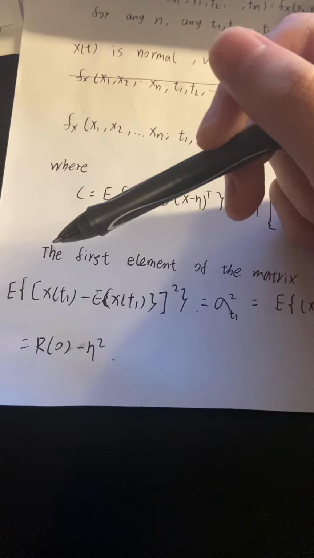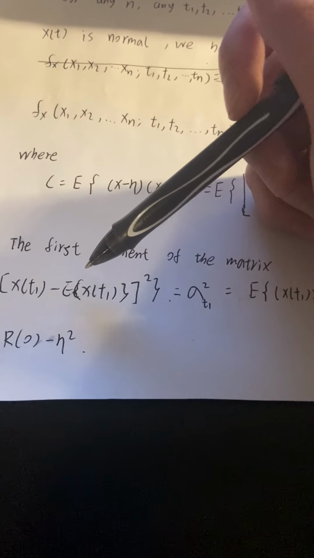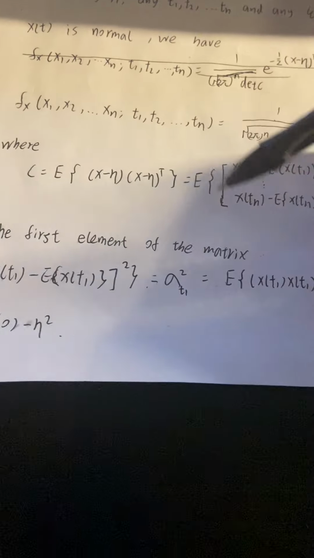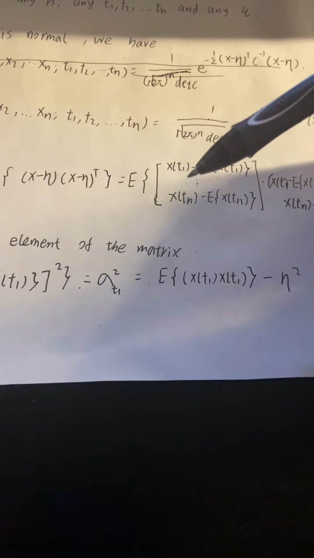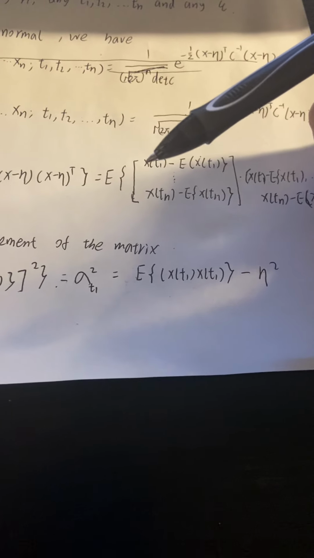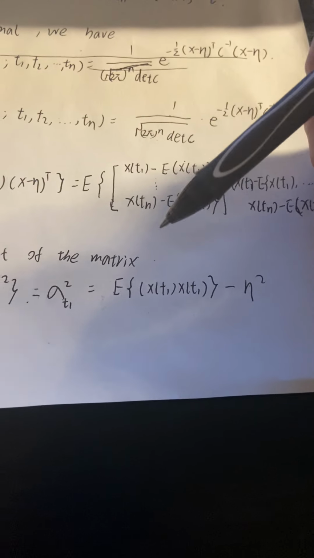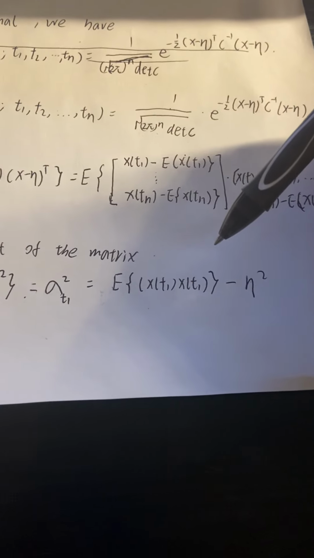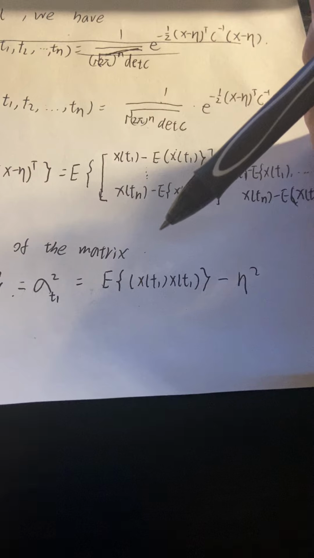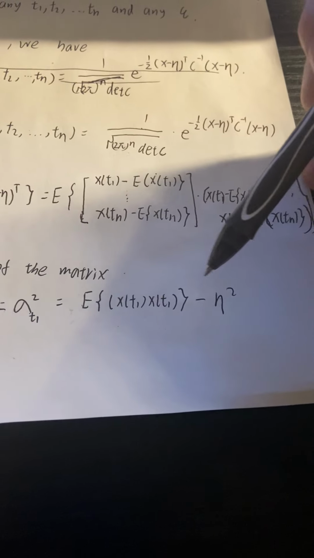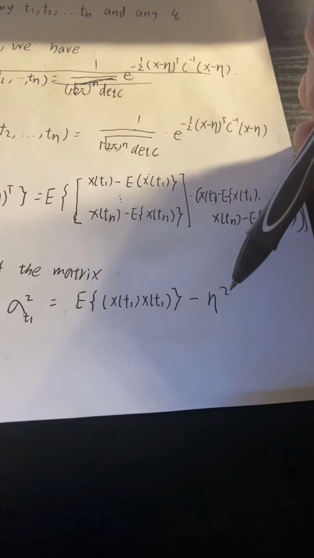So it will be the expected value of (x of t1 minus E of x of t1) squared, which is equal to the variance. So the variance is equal to the expected value of x of t1 times x of t1 minus eta squared, that is, the expected value of x squared minus the square of the expected value.